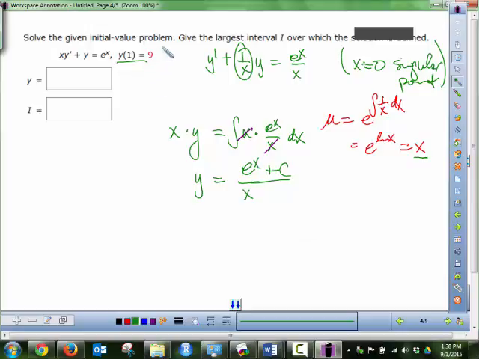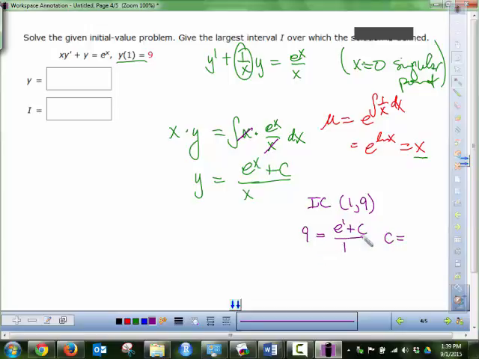And then if I want to solve for this, I have an initial condition. I'll put 1 in for x and 9 for y. So solving for the initial condition, I have 9 is equal to e to the first power plus c divided by 1. So c is equal to 9 minus e.